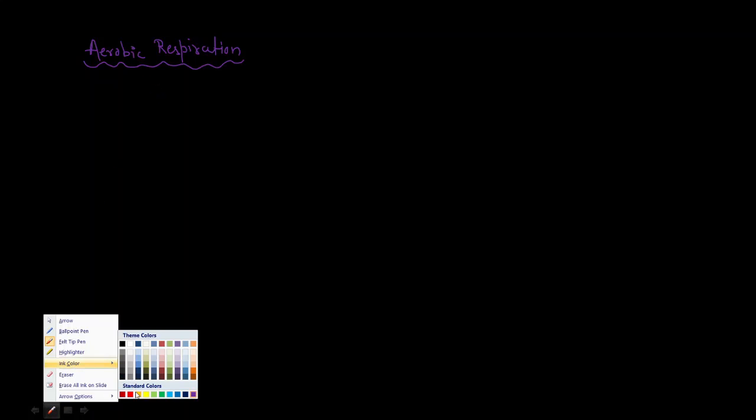But in aerobic respiration, since many processes are involved, let us write it down. Aerobic respiration starts from glycolysis, right? The next step is the acetylation reaction or link reaction.